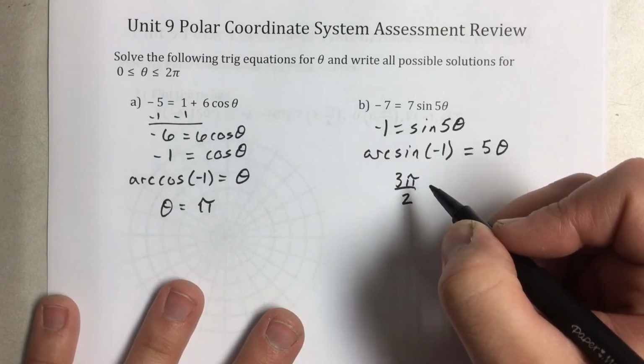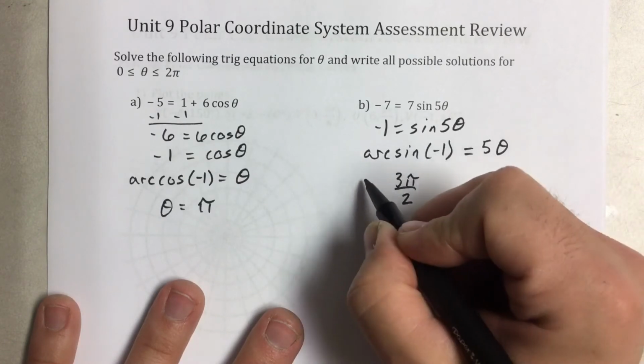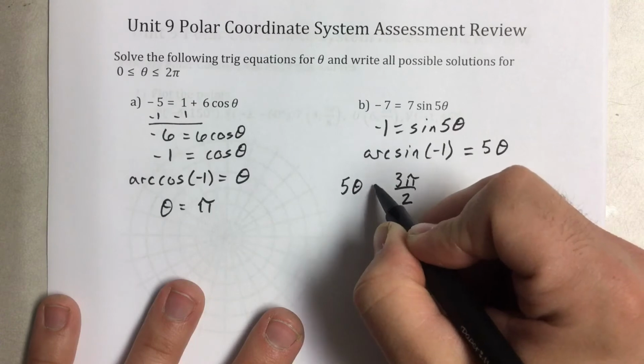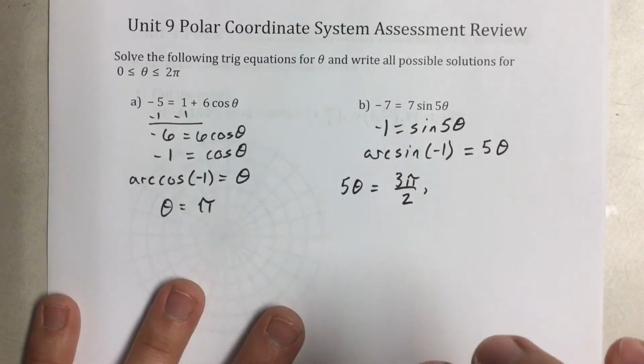So 5 theta being equal to that is 3 pi over 2, but this is 5 theta. So when we have this multiple of theta, we need to continue our list.